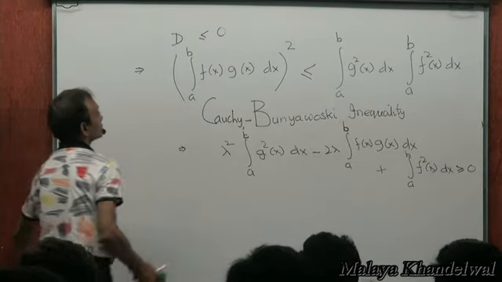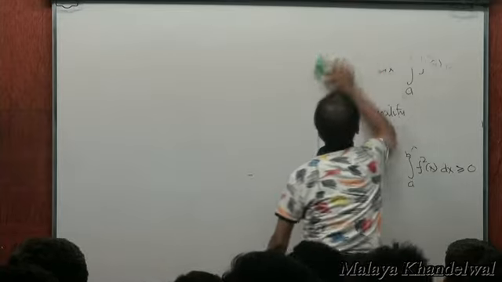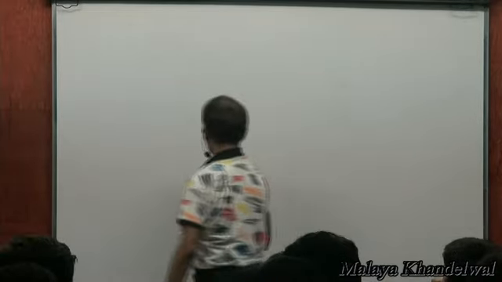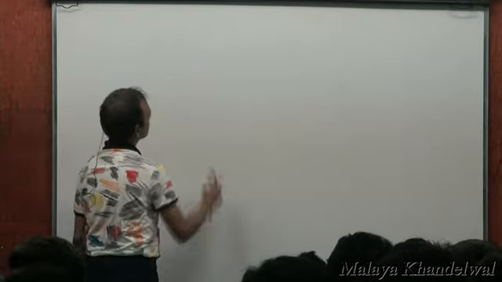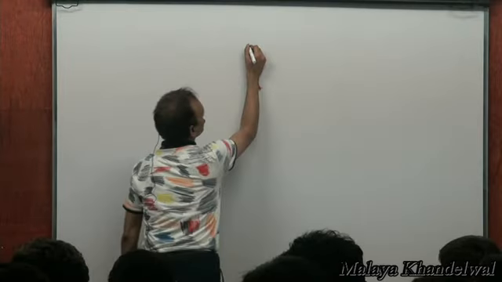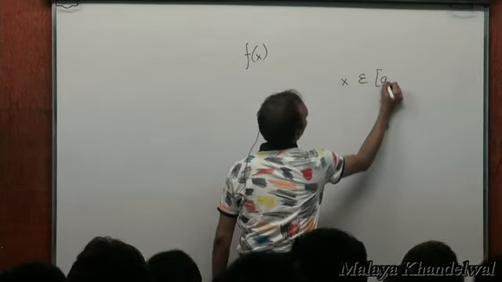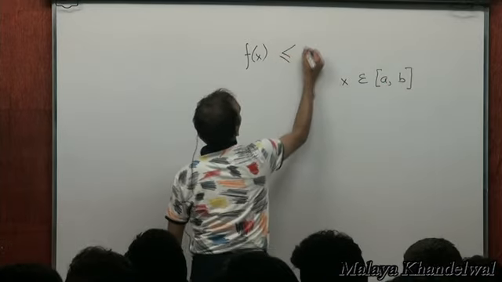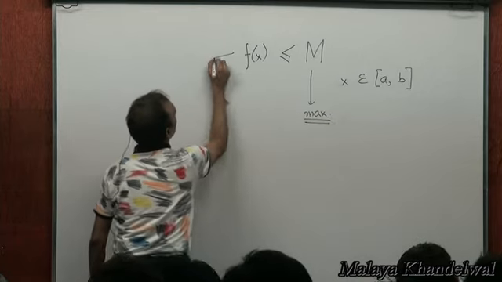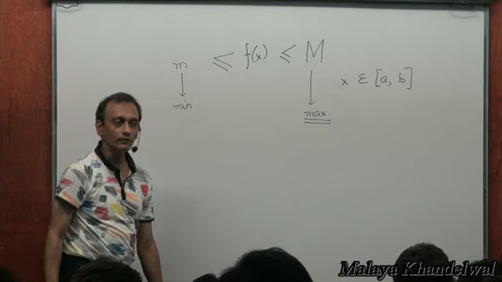Now, can I wipe this off? If I have a function f x and in an interval a to b, say the maximum value of f x was capital M. If M was the maximum value of the function in the interval a to b, and small m was the minimum value of the function in the interval a to b, right?